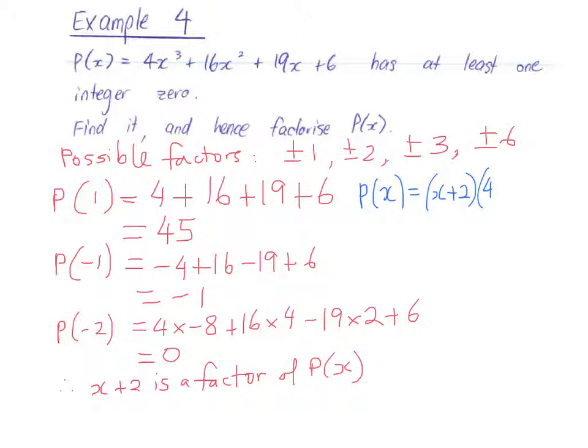So x times 4x squared will equal 4x cubed, our first term there. Multiplying these two terms together, you get 8x squared, but we need 16x squared, so we need another 8x there, so that when you multiply those two terms together, you get 8x squared plus 8x squared, which is your 16x squared.